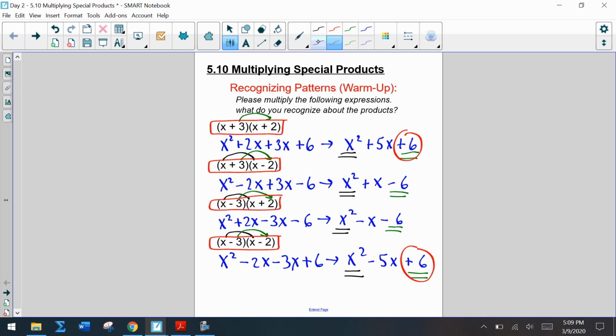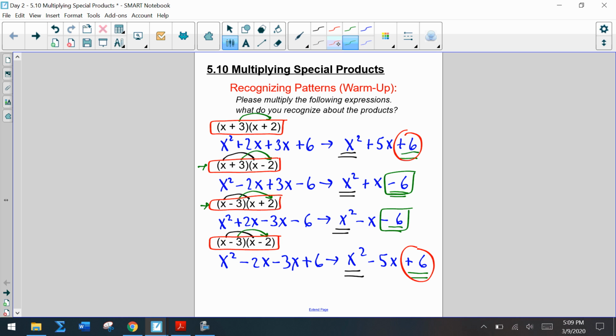And then when the signs are different, so notice that we have positive 3 and -2, and then -3 and positive 2, our last term is negative 6. Okay.